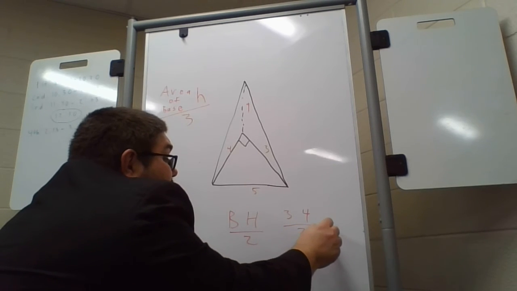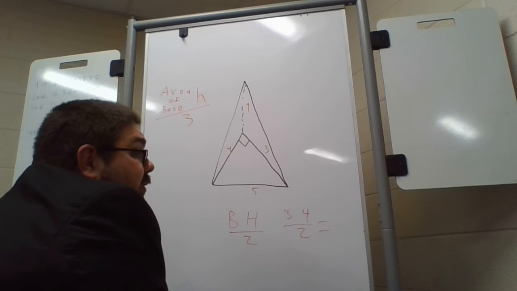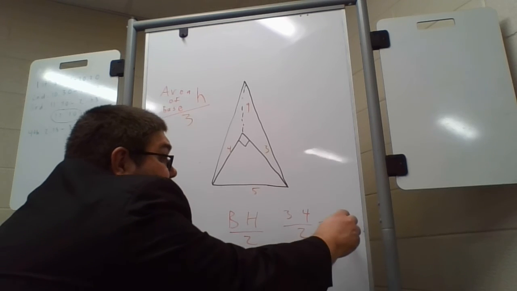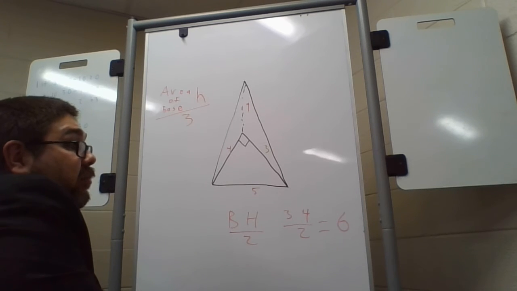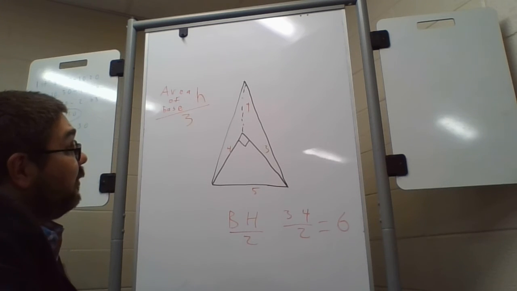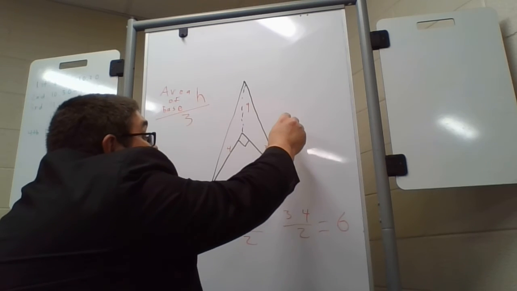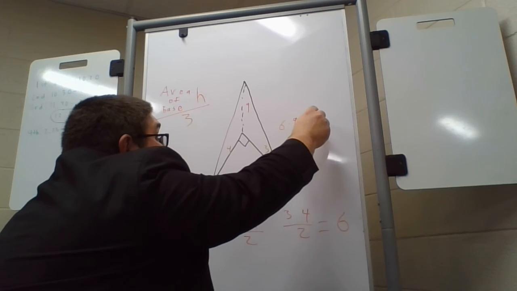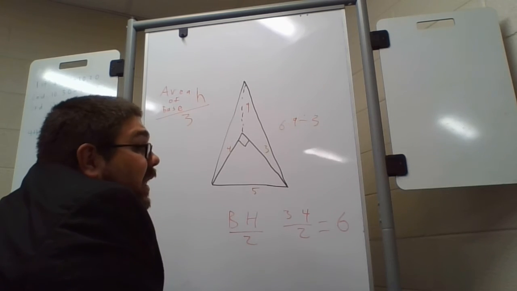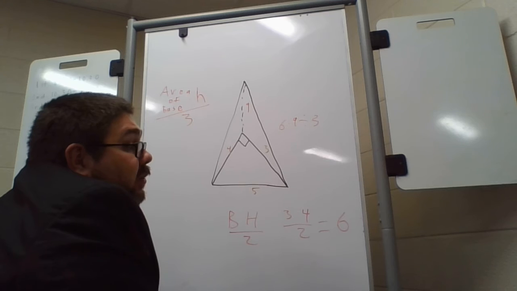So we would do base times height divided by 2, which is 6. So the area of the base is 6, and we can do 6 times 9 divided by 3. 6 times 9 is 54.